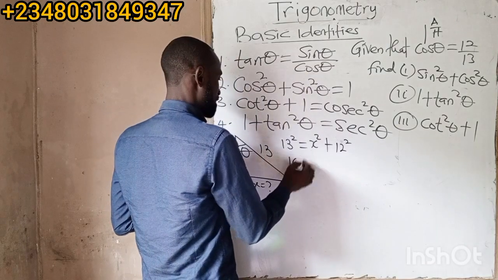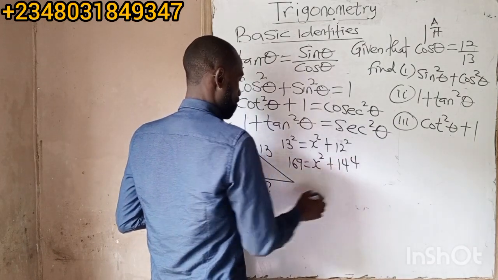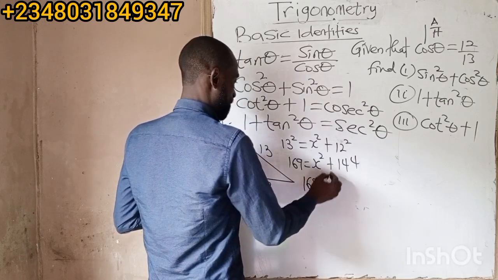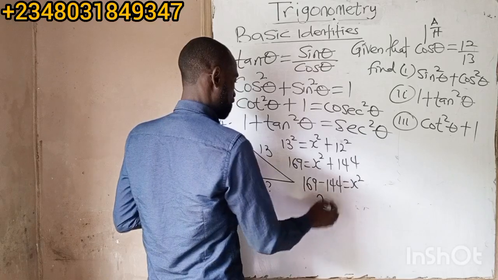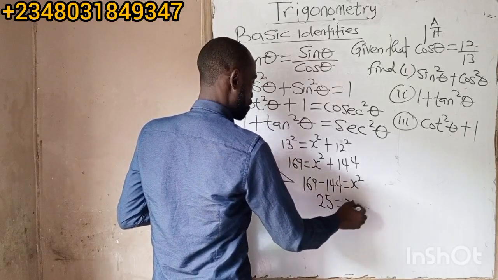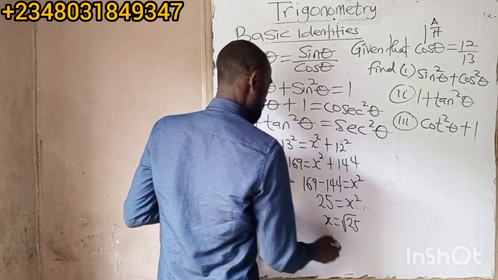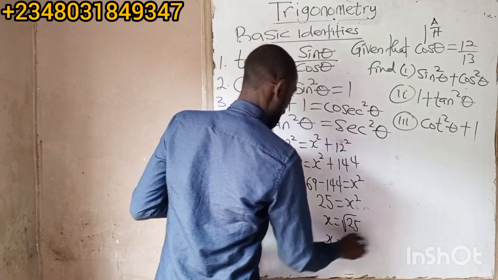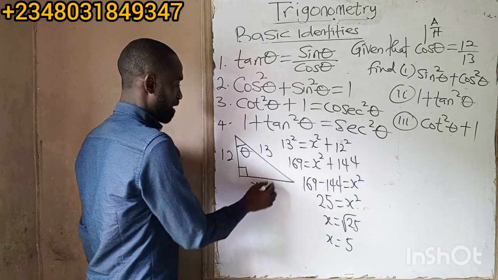This will be 169 equals x squared plus 144. 169 minus 144 equals x squared. So this will be 25 equals x squared. Ordinary x will equal the root of 25, and this will give us 5. So our x is 5.